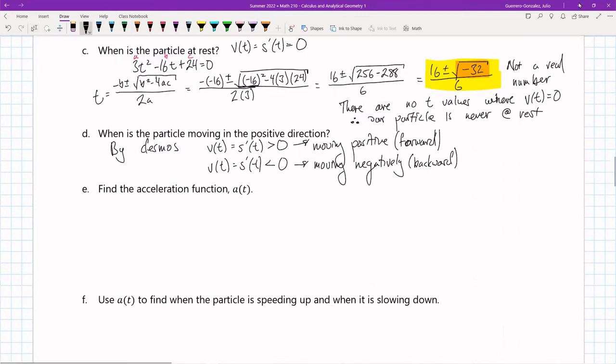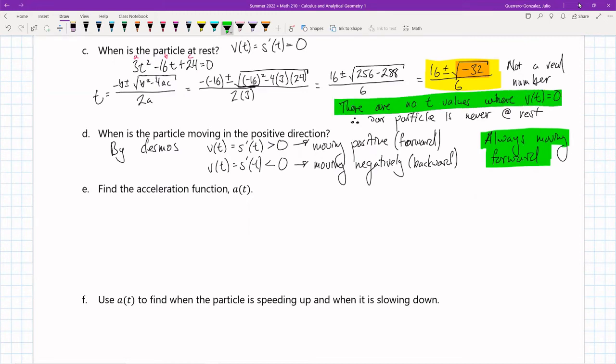Let me highlight my answers here. This one is the answer for this one. So, next thing, find the acceleration function.